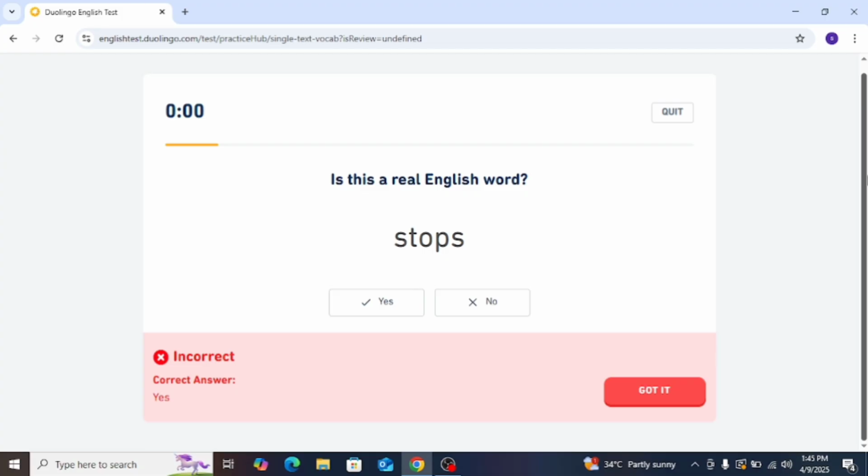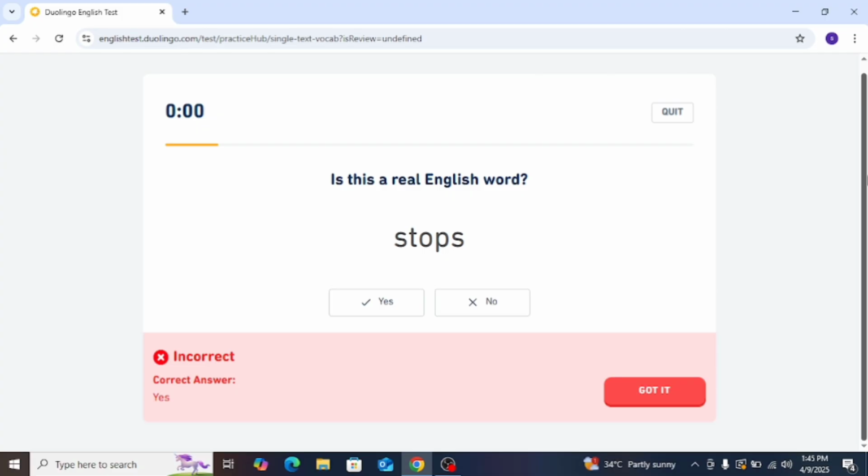Then we should find out the incorrect forms, and we don't have to guess anymore. That is why these tips help you to find the real English word in the Duolingo English test.